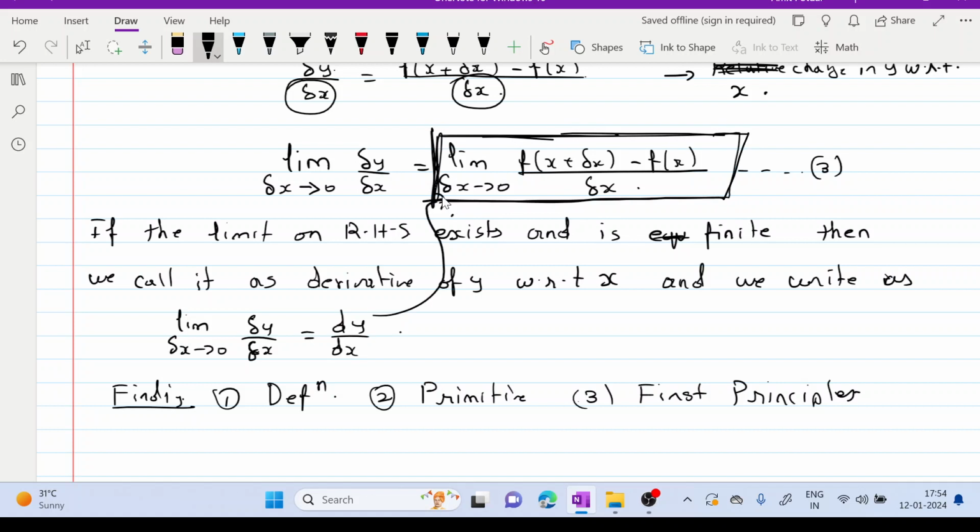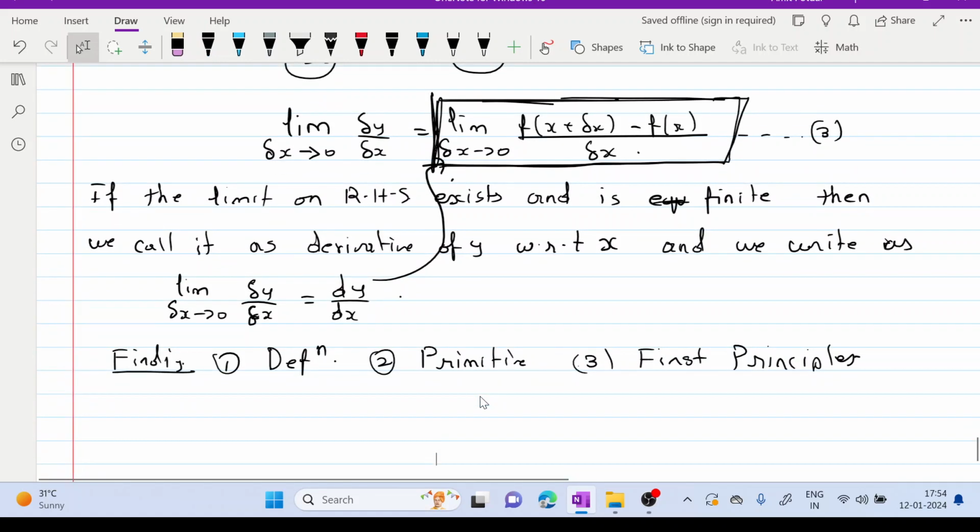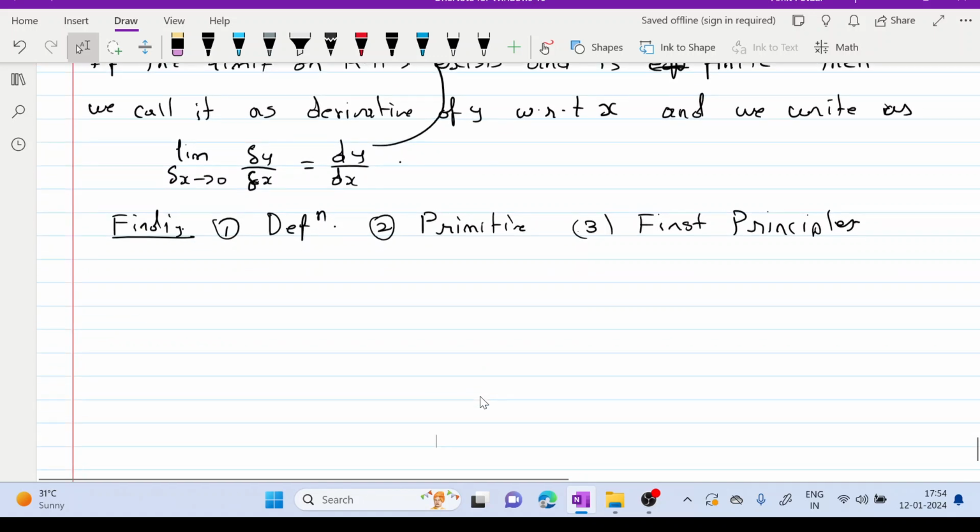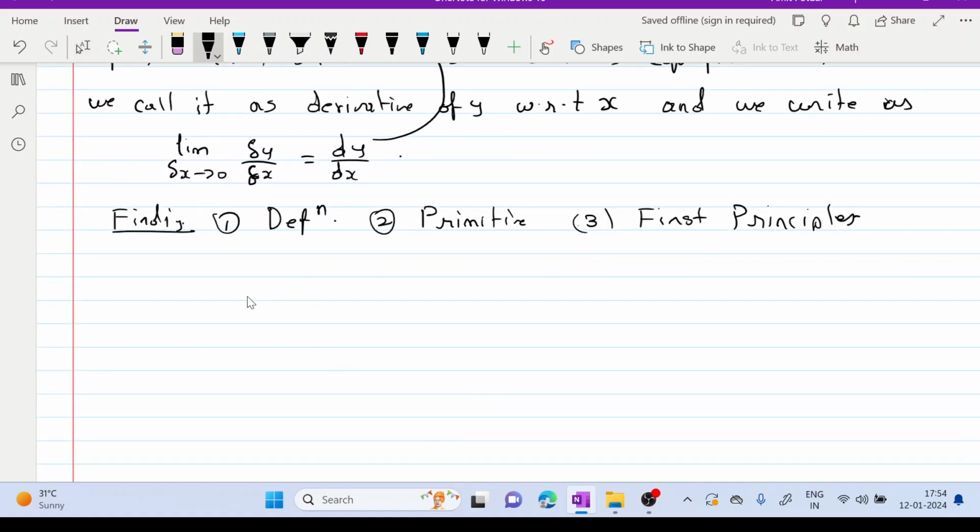Now to make things easy, instead of delta x tends to 0, we may use h. If we use h, the same thing can be written without loss of generality. We can write dy by dx is equal to limit as h tends to 0 of f of x plus h minus f of x upon h.